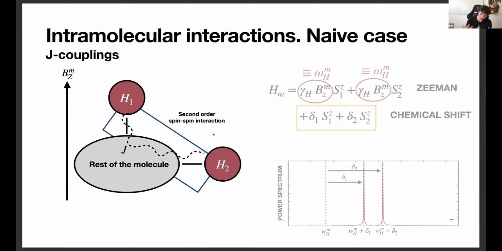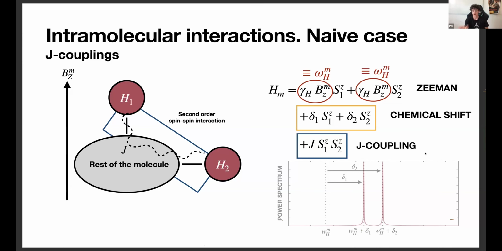That also carries information about the molecule, because with that, for example, I can elucidate distances between spins, or maybe the angle between the spins, or whatever. And the form that this interaction takes in the Hamiltonian is something like this. So it's a ZZ type interaction, and it's called J-coupling.